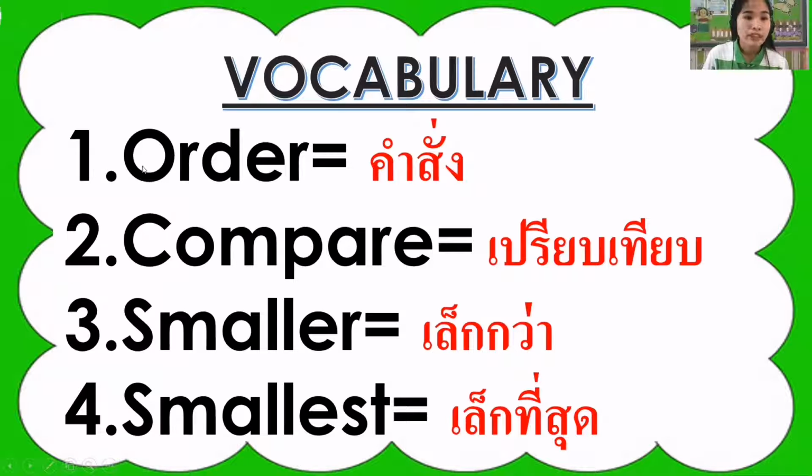Let's first read this vocabulary. Number one, order. Number two, compare. Number three, smaller. Number four, smallest. You can see here the translation so that you can understand more about the words.